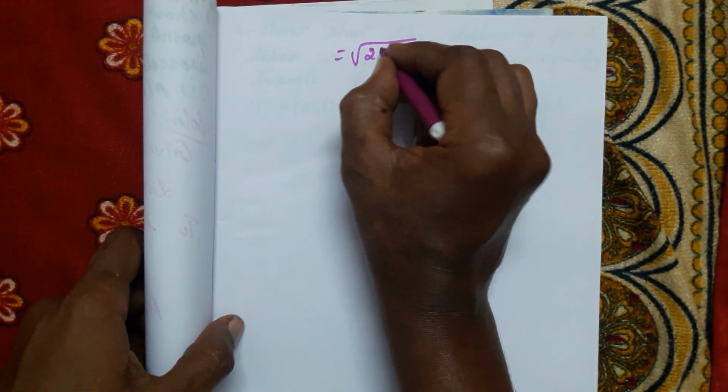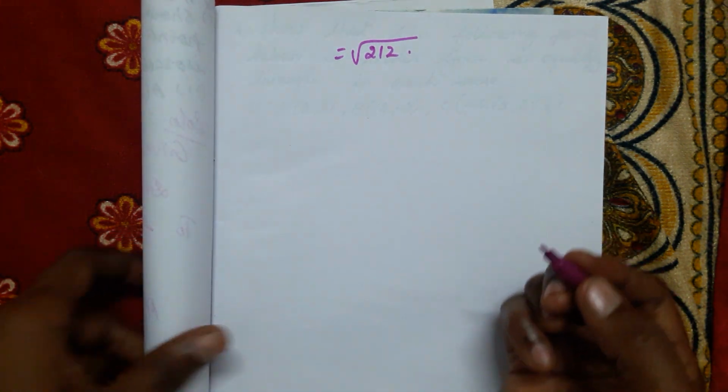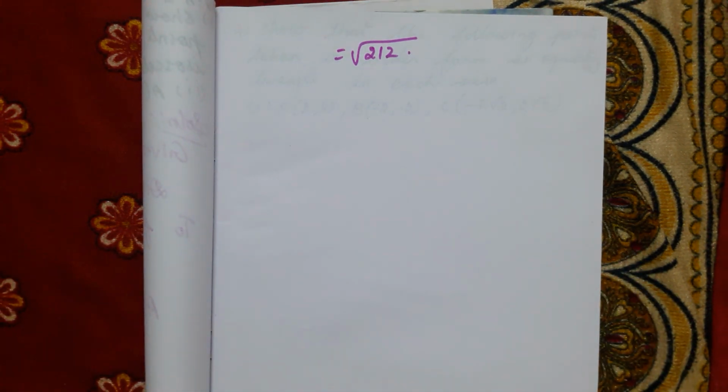It's equal to root 212. Okay. What did we get for BC? BC is equal to root 212.